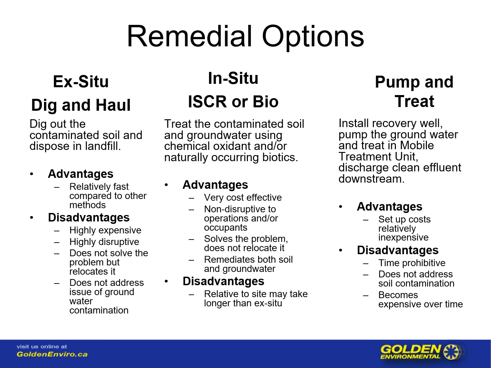Pump and treat systems can also be used in conjunction with in situ remedial solutions as well. For example, one would install a recovery well and draw the amendment through the subsurface. This can be referred to as a push or pull pump and treat system.